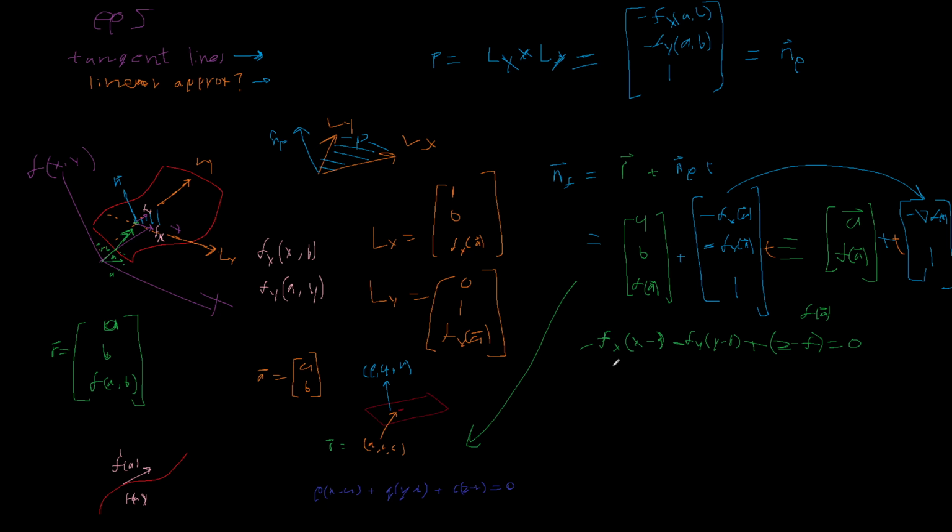And so what can we do with this? Well, we can actually solve for z. z is equal to f of a plus f_x of a times x minus a, plus f_y of a times y minus b.